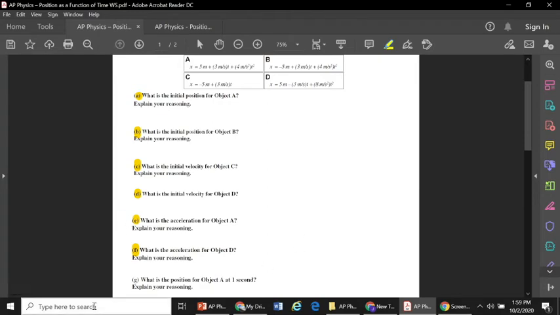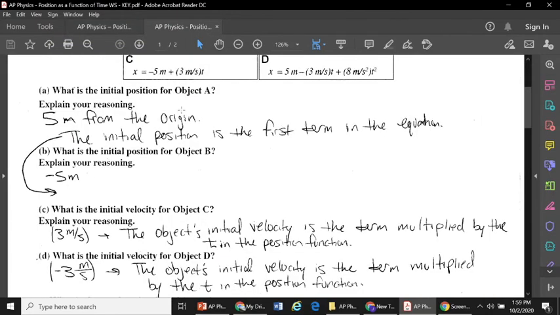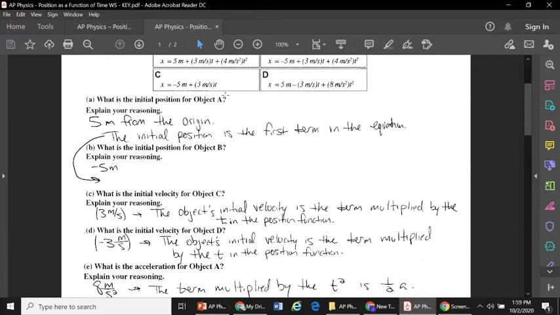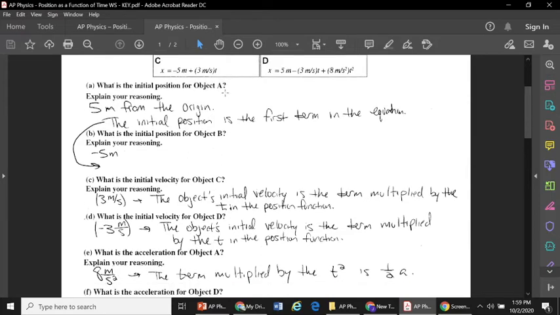Okay, so E and F asked you about the acceleration for objects A and objects D. Now, I hope you are careful about this because these, I think it's safe to say, are the trickiest problems on the sheet. The acceleration for object A is 8 meters per second squared, not 4.